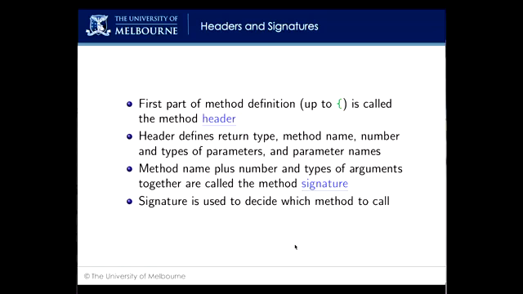The header, so up until the curly bracket, is called the header, so the actual name of your function is called the header. The signature, as I mentioned already, is the part of the code that has the parameters, and Java uses those to decide which method to run.